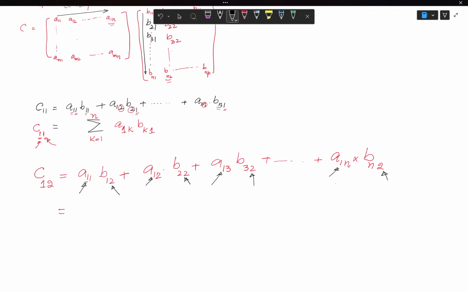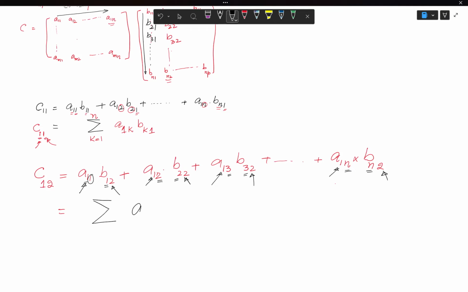And the second index of A and the first index of B vary from 1 to 2, 3, and go up to n. So this is the index which consistently moves along the rows of A and the columns of B. So I can write this as a summation.